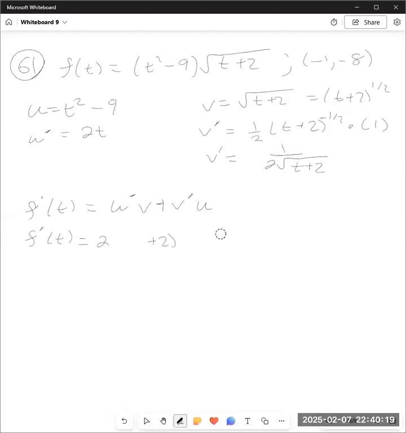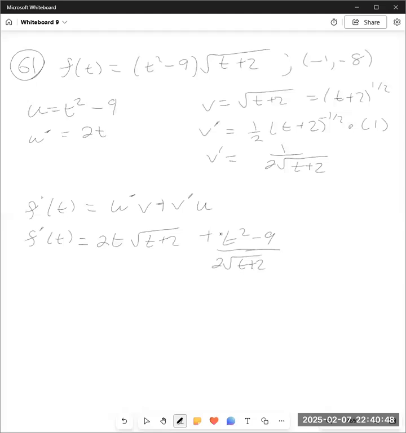Let's just write that as the square root of t plus 2, like that, plus v prime times u. This is t squared minus 9 up here. Now we're going to need to make a common denominator here.